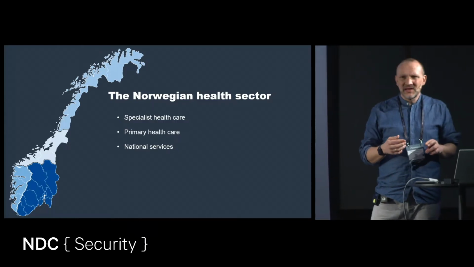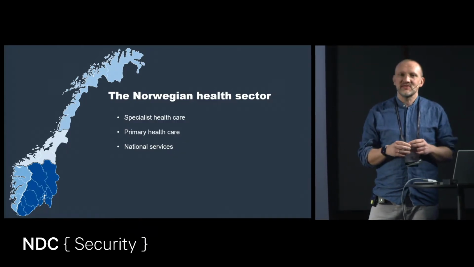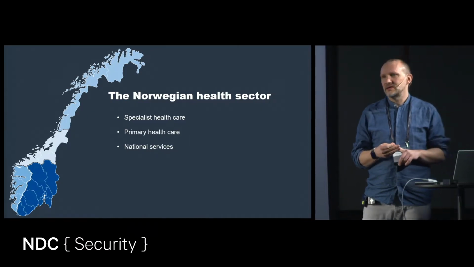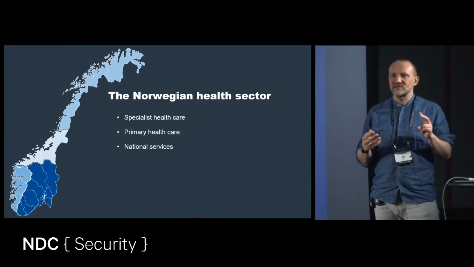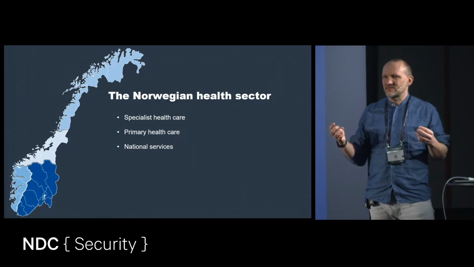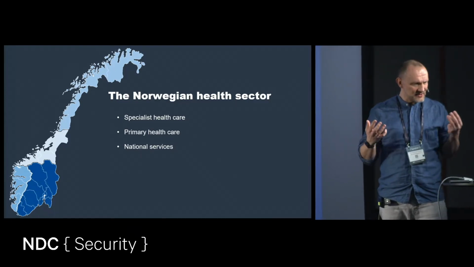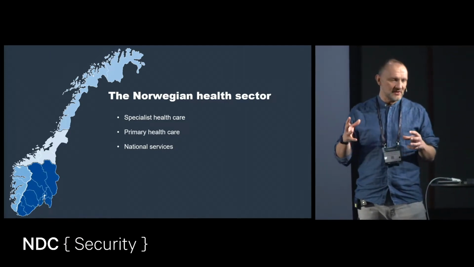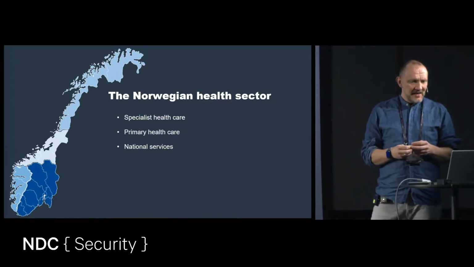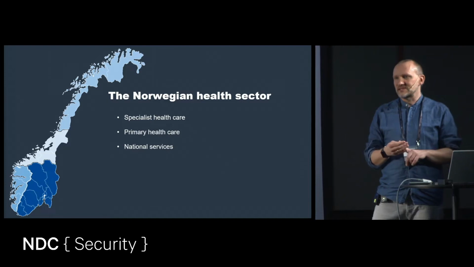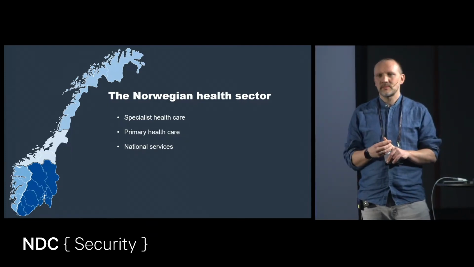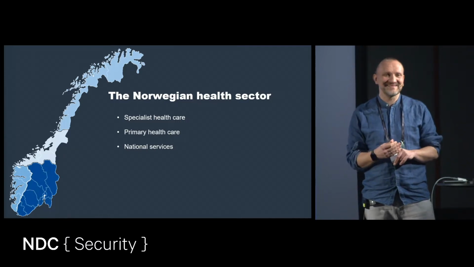On top of that, we have thousands of small organizations doing the primary healthcare: doctors' offices, physical therapists, all kinds of apothecaries, and so on. So we have a large number of small actors in addition to the large ones. And we have the national services. NHN, Norsk Helsenett, our customer, of course the most important one.